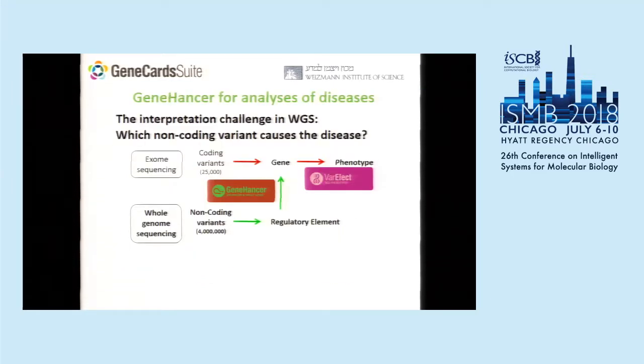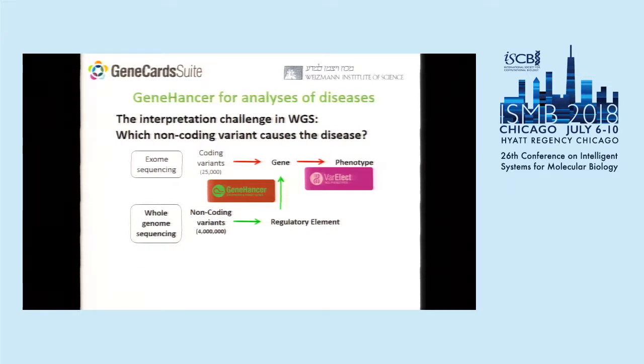So, okay. How does GeneHancer fit into the picture? Using exome sequencing in the example before and other examples, the coding variants are mapped to genes, and then the genes are run using the VarElect algorithm to connect them to the phenotype, and hopefully we'll get good results.